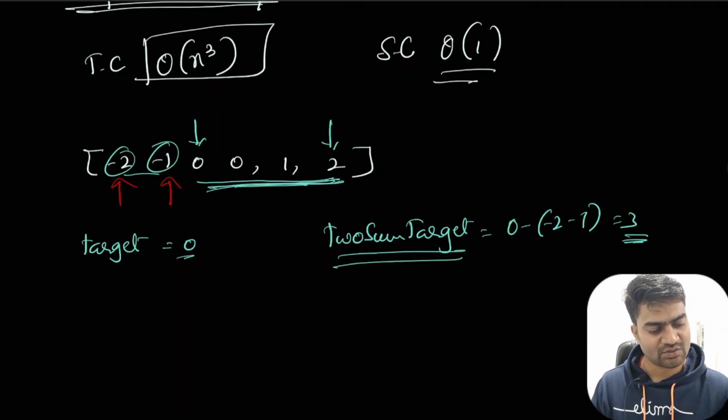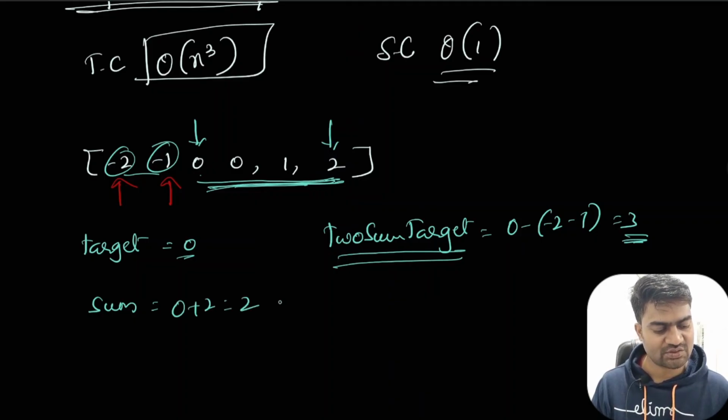I will start with these two numbers, left pointer and right pointer, so the sum will be 0 plus 2, which is 2. Correct? If the sum is 2, then this is less than our required sum, which is 3.